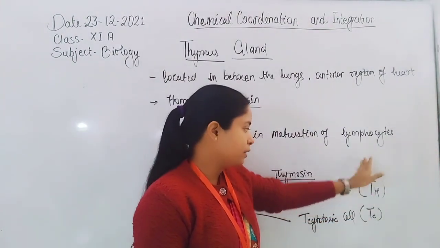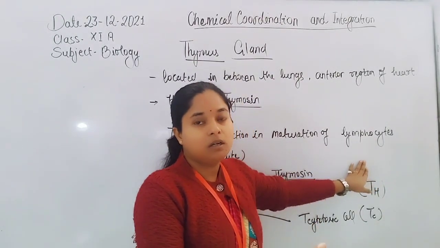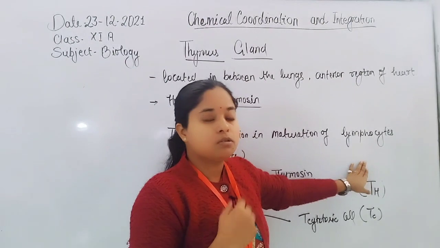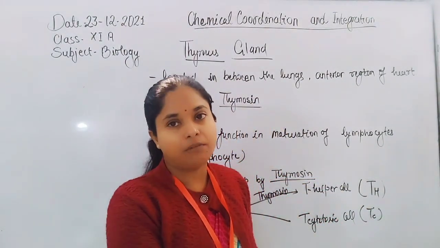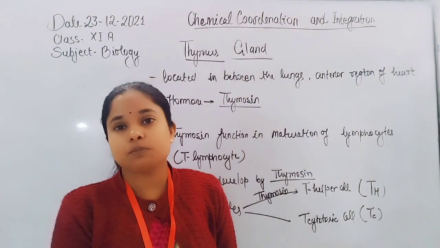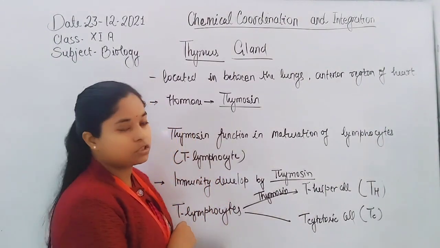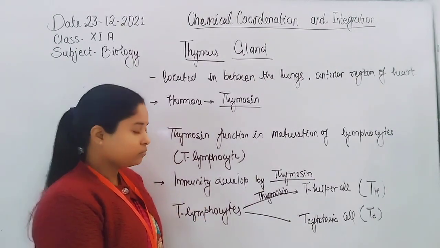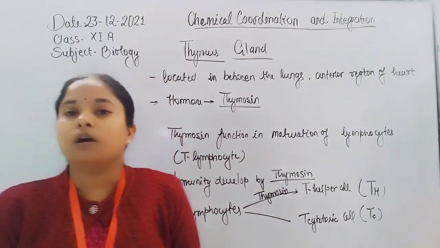So the T helper cell identifies that virus, that foreign particle, that foreign cell not belonging to our body. Then the cytotoxic T cell releases the toxin that destroys that virus. So both functions are provided by the T lymphocyte cell. If the differentiation is not done by thymosin, the T lymphocyte becomes non-functional.